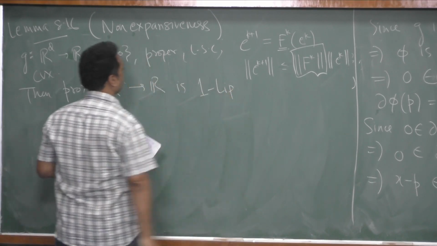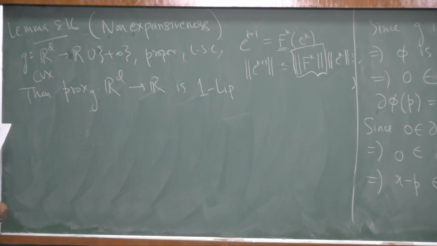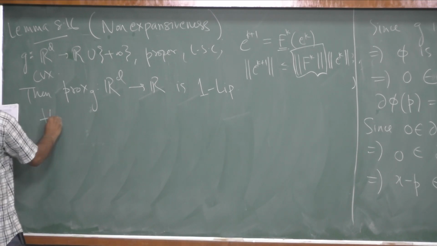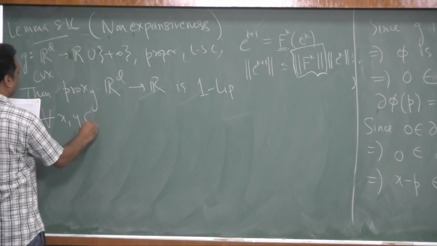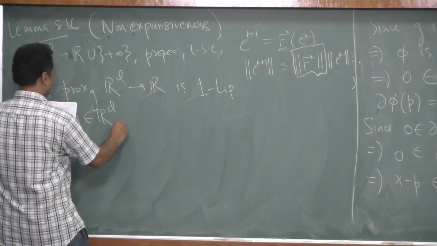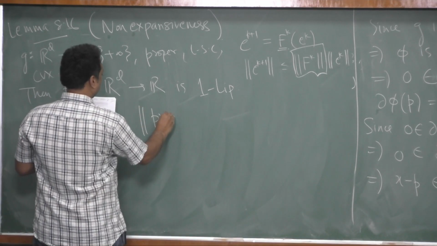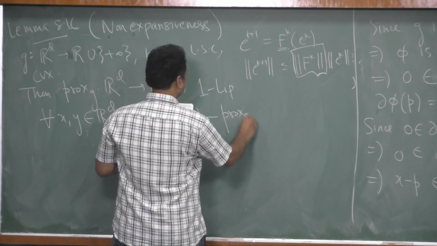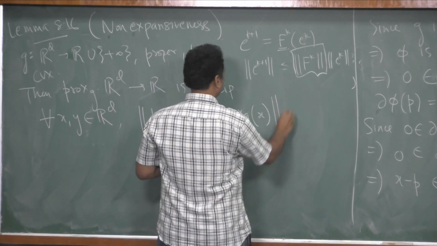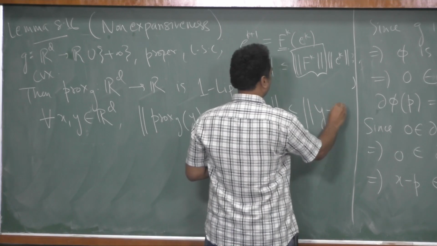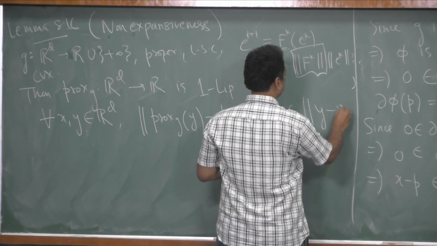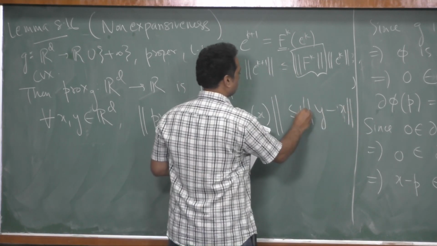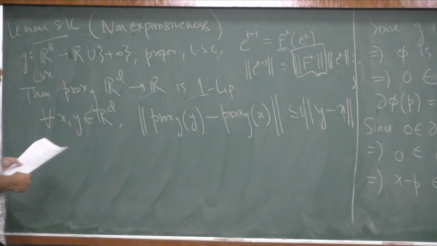That's what non-expansiveness means, and we all know what one Lipschitz means. So for all x, y in R^D, what this means is the norm of prox G of y minus prox G of x is less than or equal to the norm of y minus x. So basically it's one Lipschitz because the Lipschitz constant is 1 here.